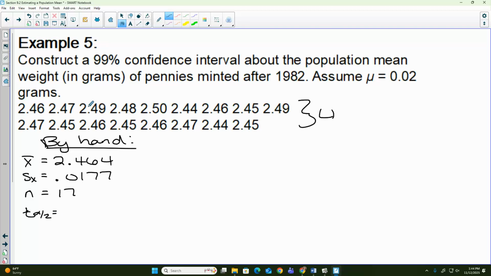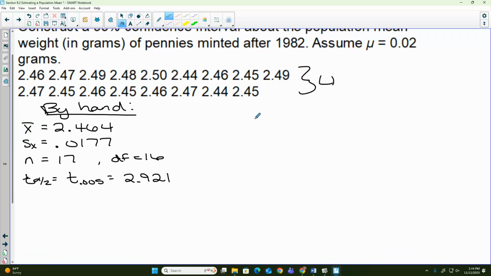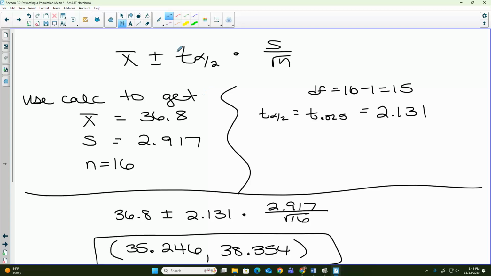So if we have 99%, there's 1% left over. You split that in 2, t of 0.005. How many degrees of freedom do we have? 16. It's always n minus 1. So if we looked at our table, 16 degrees of freedom, 0.005, 2.921. Okay, so then if we use our formula, so we're just doing the same one that we did here.